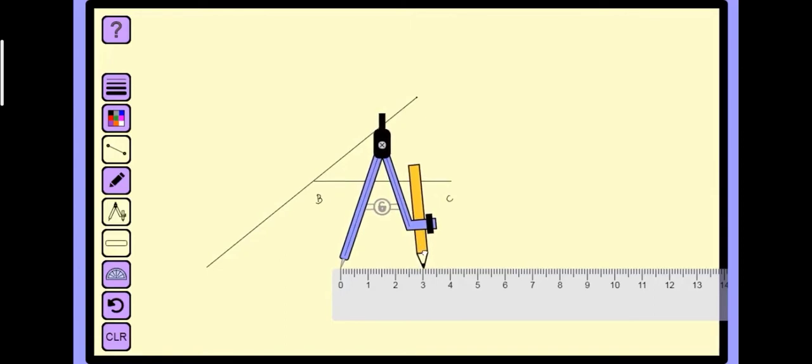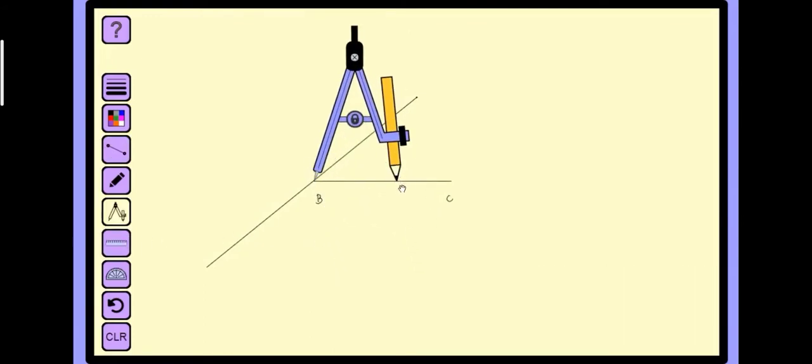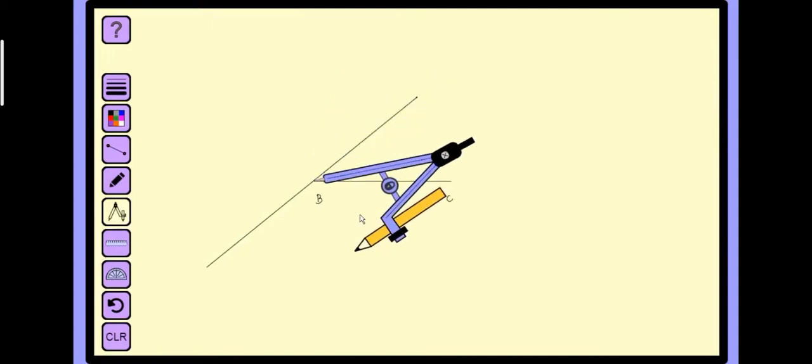Now here AB is less than AC. Therefore from point B we have to mark downside. When AB is greater than AC, we mark upside, and when AB is less than AC, we mark downside.